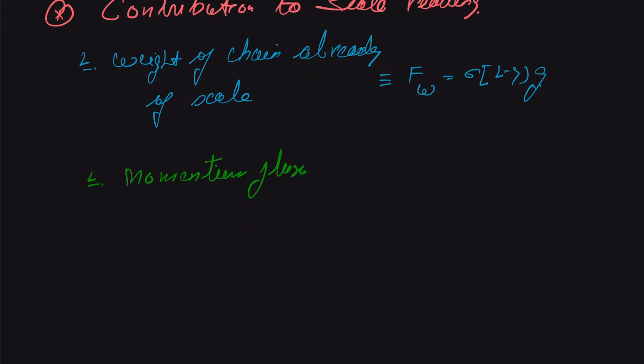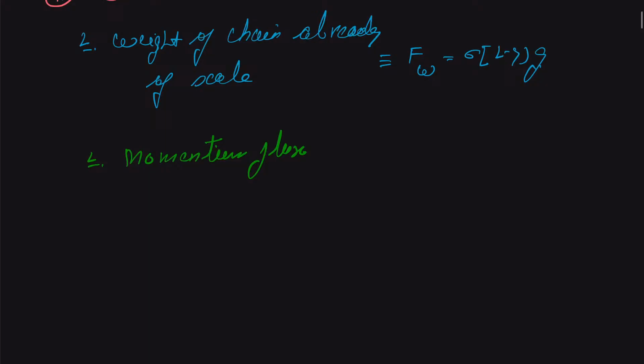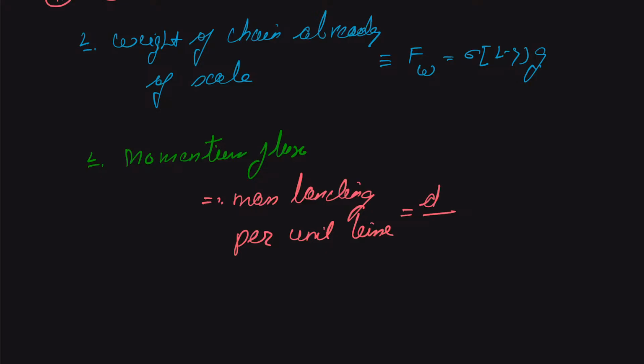So this momentum flux, we can first of all find out here. First part, we are going to find out mass landing per unit time. That is our dm by dt. And dm by dt will be equal to our density multiplied by the velocity.